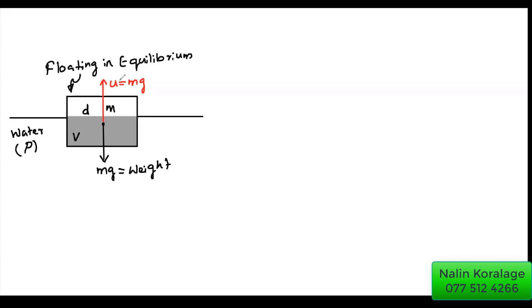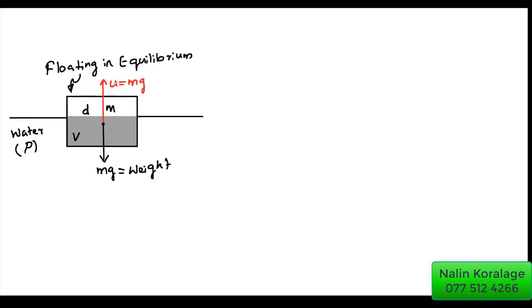But U should be a vertical force, and it should be upwards. Why? Because it is there to cancel that mg. If it were also downwards, they would both add together and make the sinking process much more rapid. So this U should be along the opposite direction to that of the weight of the object.